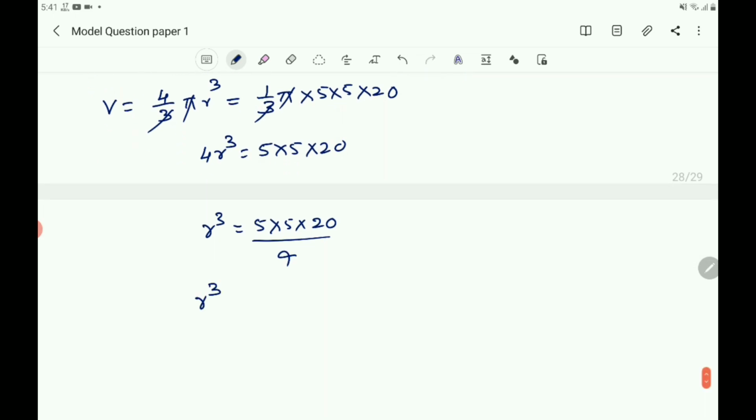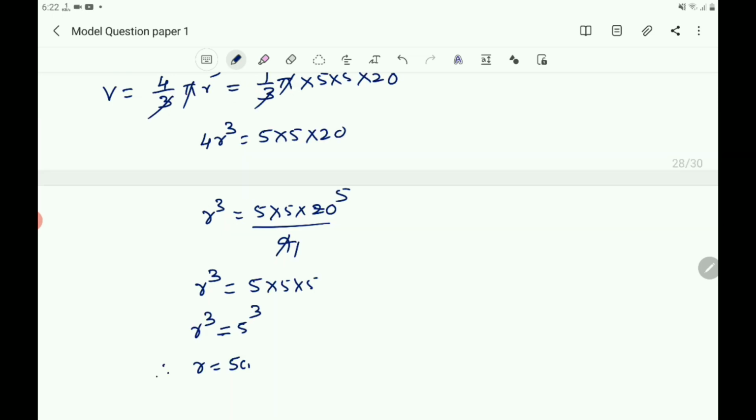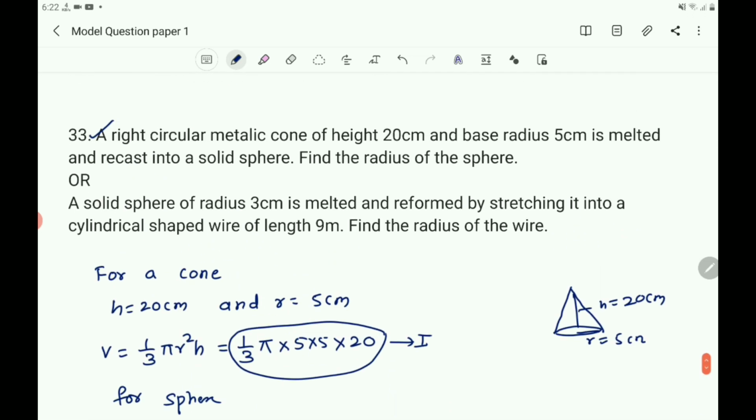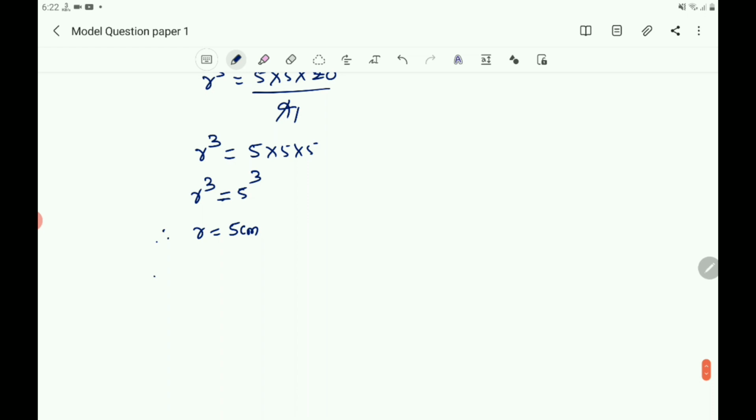So you got r cube equals 4 ones are 4, fives are 5 into 5 into 5. Then you got r cube equals 5 cube. So you got r equals 5 centimeter. That is, the radius of the wire equals 5 centimeter.